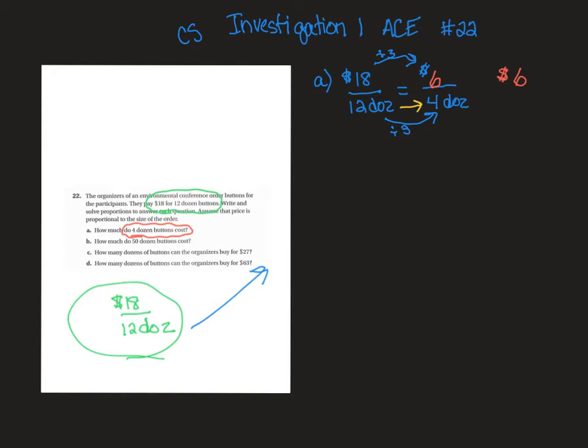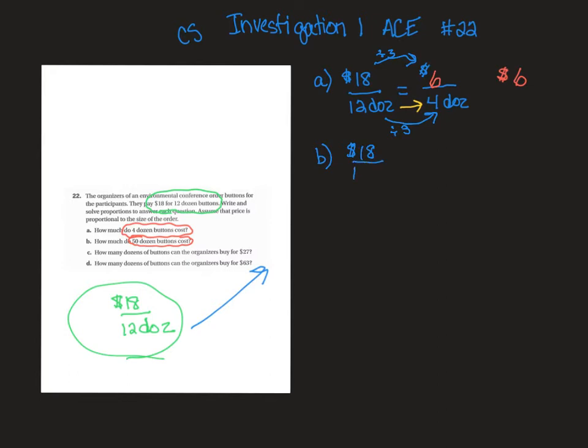Okay. Now I'm going to go to B. B is 50 dozen. Okay, so I'm going to be scaling up. In A, I scaled down, right? I went from 12 dozen to 4 dozen. In B, using the same ratio, $18, because that's what we know. This is the known.